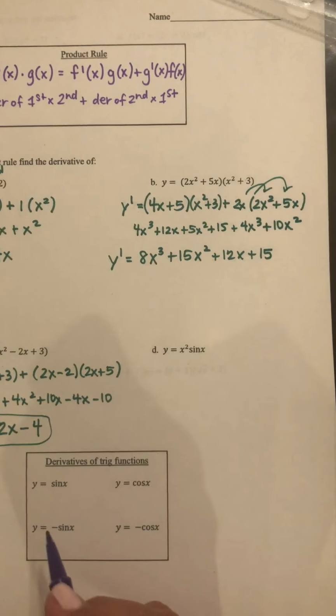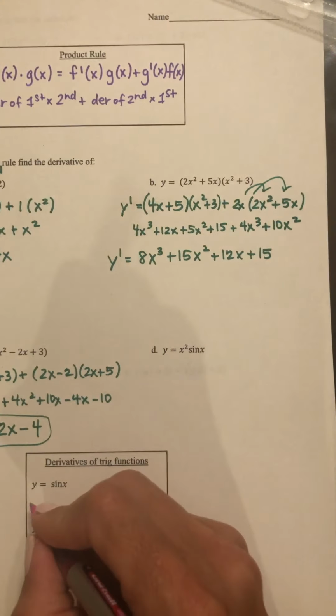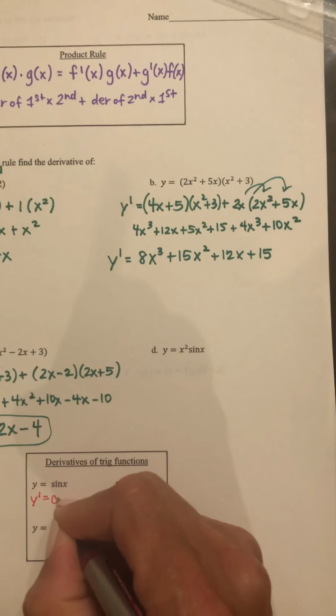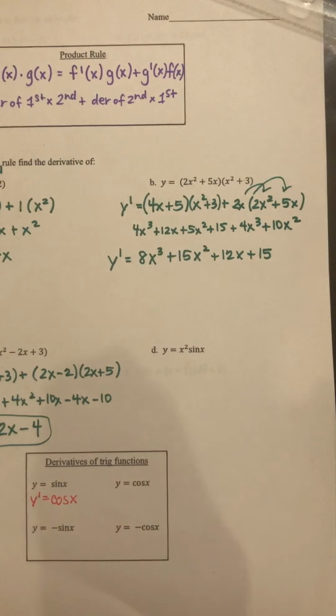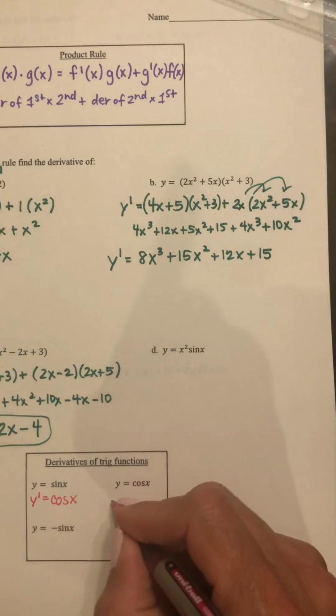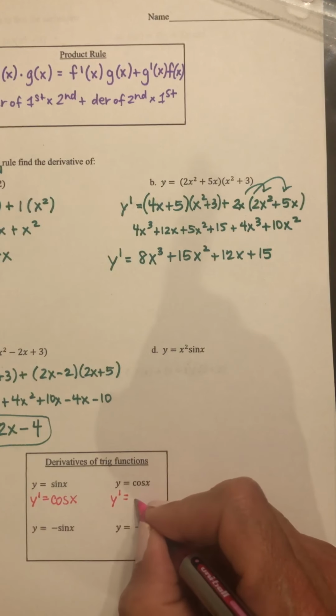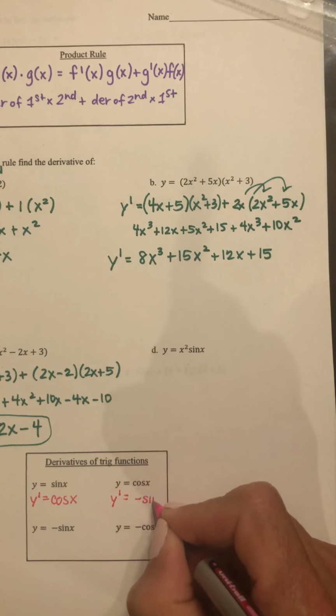So I'm going to tell them right now. I'm going to set them up for you. Ready? I'm going to do it in pretty pink. The derivative of sine: y prime, the derivative of sine x is cosine x. Now, be careful. The derivative of cos x is negative sine x.